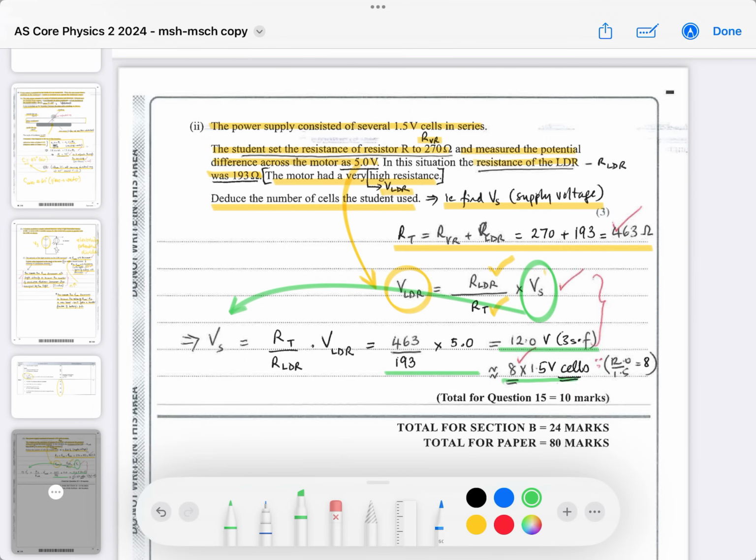That means you need 8 1.5 volt cells to make 12 volts. And that's how you get the final 3 marks for this AS Core Physics 2 paper, which totals 80 marks.